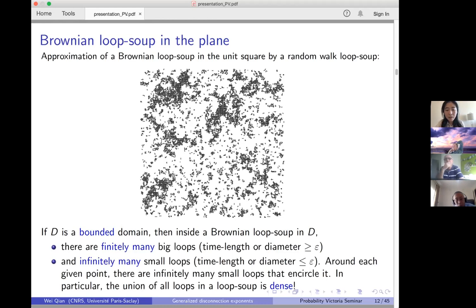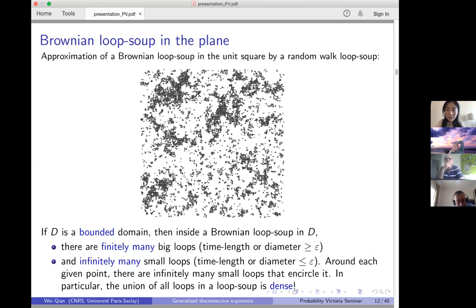When I say big, I mean you take any epsilon and look at loops with time length or diameter bigger than epsilon, and then you get only finitely many of them because the measure is finite on those loops.